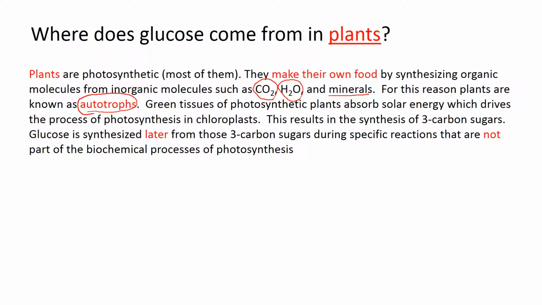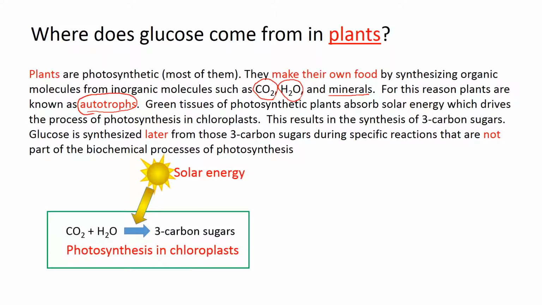Green tissues of photosynthetic plants absorb solar energy, which drives the process of photosynthesis in chloroplasts. So CO2 plus H2O plus the minerals absorbed, powered by absorption of energy from the sun, results in the synthesis of 3 carbon sugars.